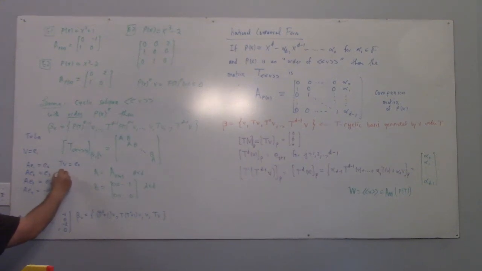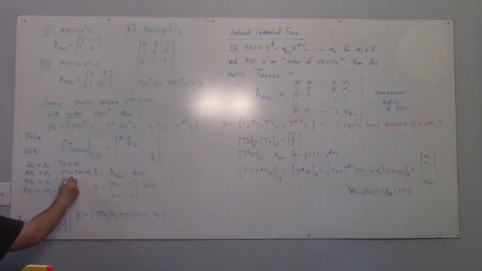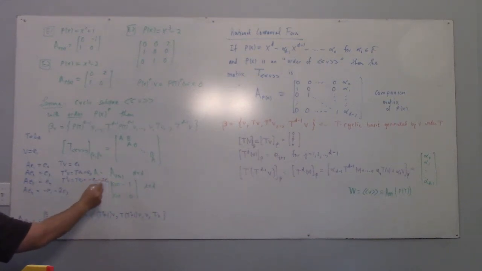And T squared of V is T of E2, which is E3, right? And T cubed of V is T of E3, which, by the way, is minus E1 minus 2E3.